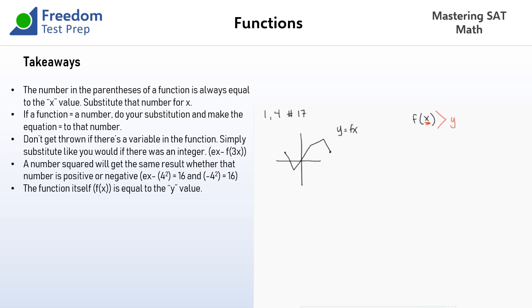So for f of x to be at its minimum, that's the same thing as saying y is at its minimum. So now the question is, for what value of x is y at its minimum?